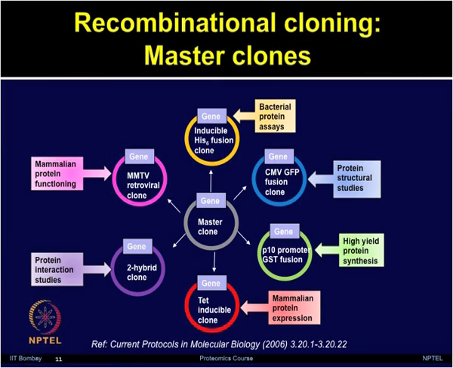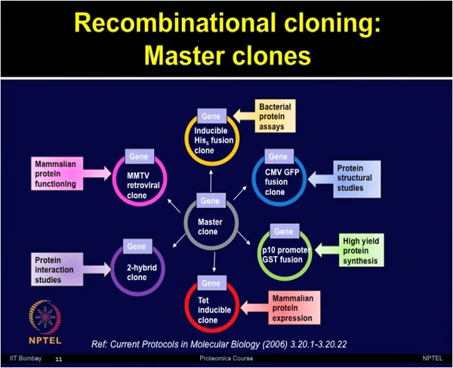One can use CMV GFP fusion clones for the protein structural studies, if you want to know where my protein is located in the cell. Then P10 promoter GST fusion clone, which produces lots of protein for the experiments. So, high yield protein synthesis, if that is your requirement, you would like to transfer your gene of interest into this vector.